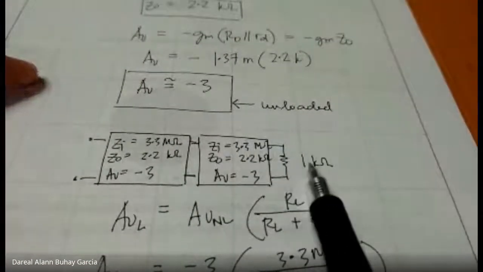For AVL2, negative 3. The RL of the second stage is of course our actual load, 1K.